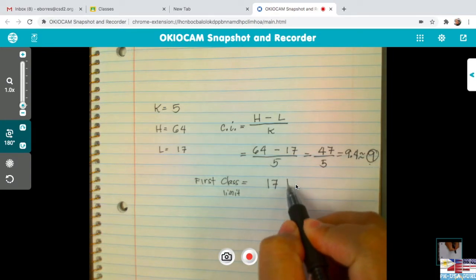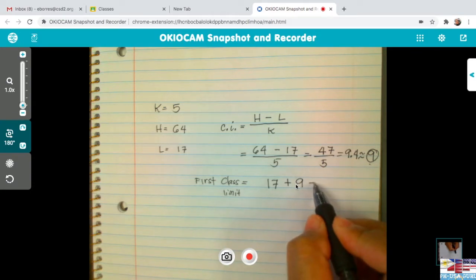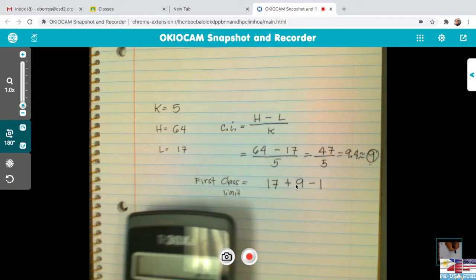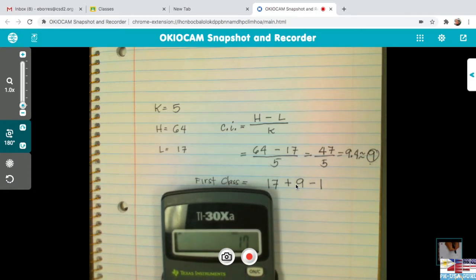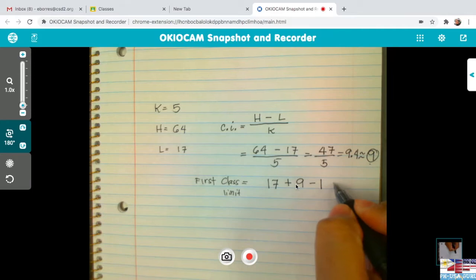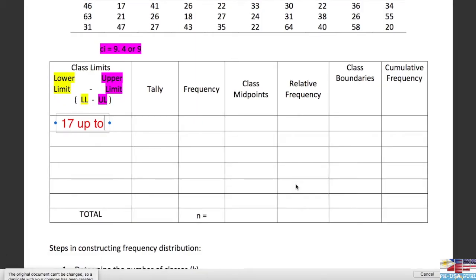So this will be 17 plus 9, then subtract 1. If we solve, that will be 17 plus 9 equals 26, minus 1 equals 25. Given the table, our starting point is 17 up to 17 plus 9 minus 1, which is equal to 25.